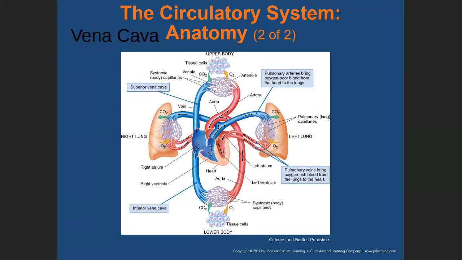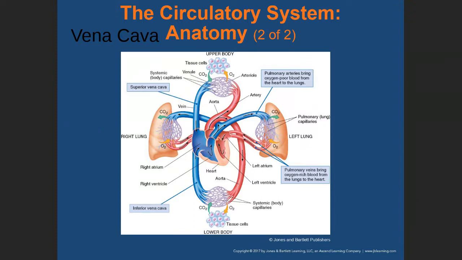Right, so you have the vena cava, which is the largest vein in the body, right? Vena cava is the largest vein inside of the body. And you have an inferior vena cava and a superior vena cava.